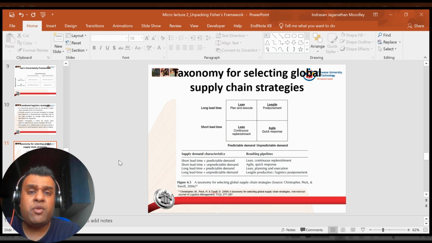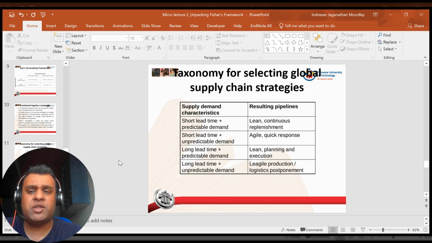So the authors provide a taxonomy or a framework for us to be able to select appropriate global supply chain strategies. So use this framework when it comes to analyzing cases to select the best possible strategy.